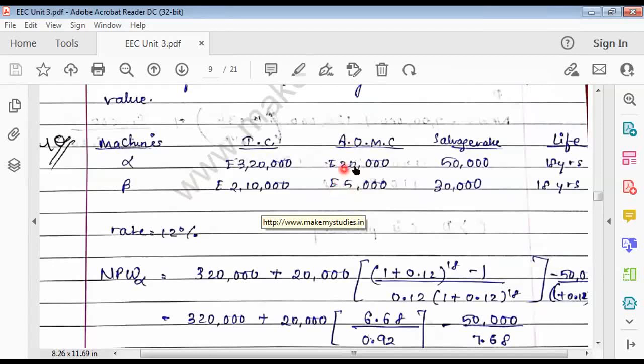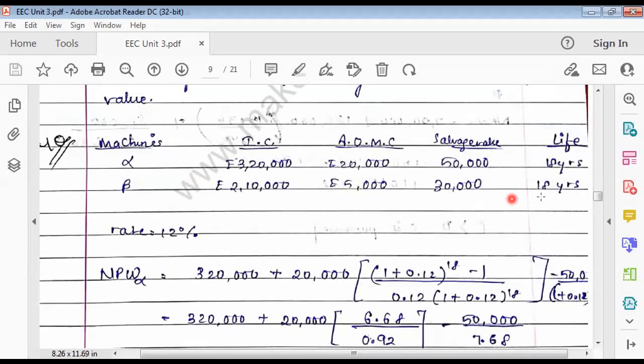That means the company must pay 20,000 every year for the next 18 years for alpha, and 5,000 every year for beta for the next 18 years. And as I discussed, you find this column salvage value, which is 50,000 and 30,000 respectively for alpha and beta. And remember, this is a revenue component.